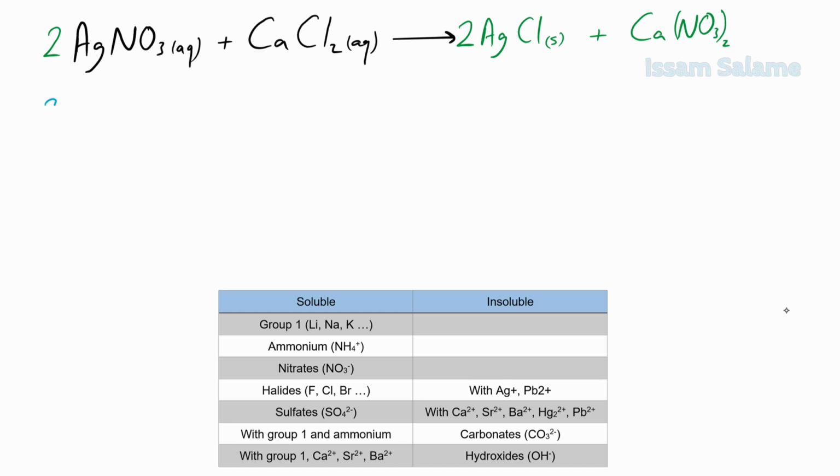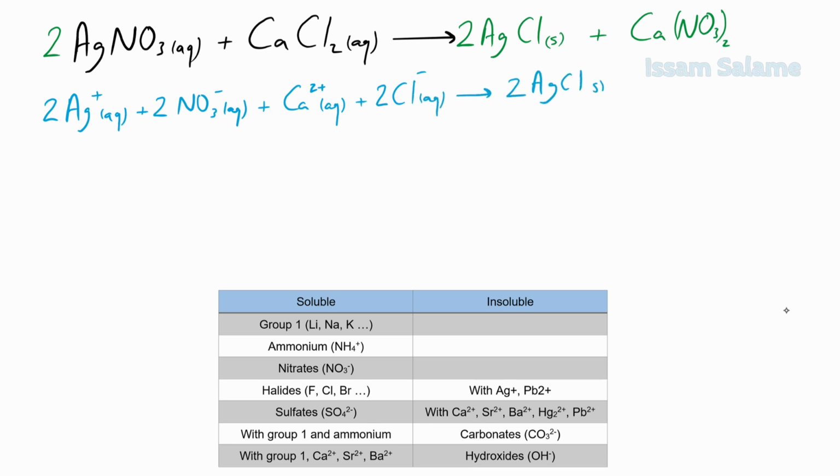Then we write the total ionic equation by splitting all the aqueous compounds. So on the reactant side we have 2 silver ions, 2 nitrate ions, 1 calcium ion, 2 chloride ions. On the product side we have 2 moles of solid silver chloride, 1 calcium ion, and 2 nitrate ions.